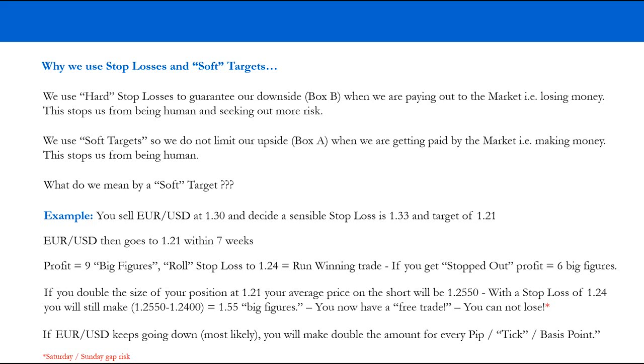What we want to do is have a target whereby we consider running or adding to our position when the asset gets to that price. So for example, if we go long an asset at 100, we may consider, if it trades at 120 or 130, because we're being paid, we may consider running the position or even adding to the position.